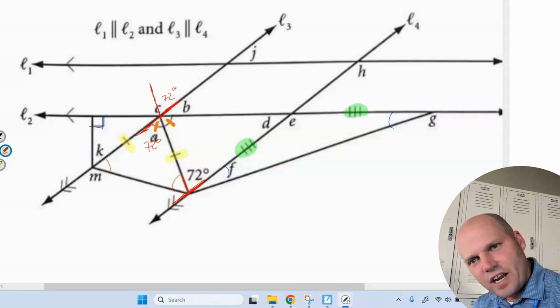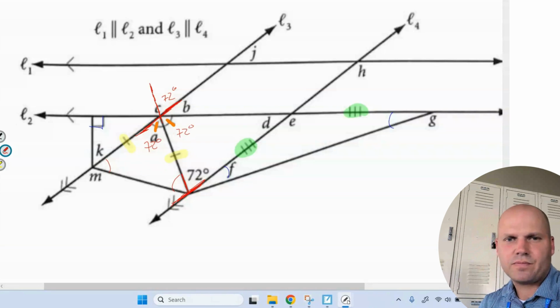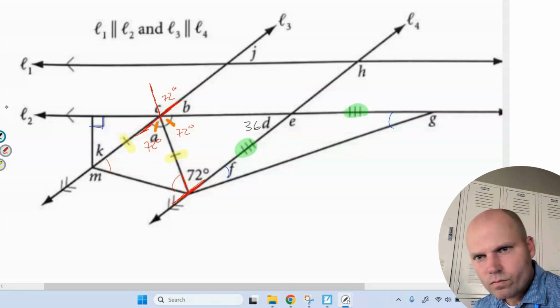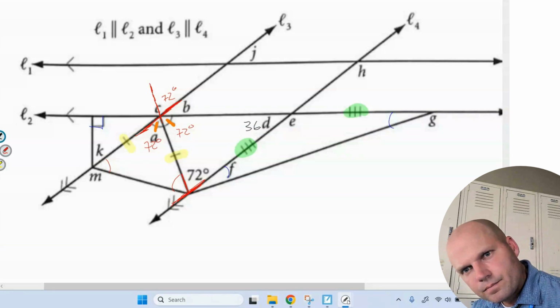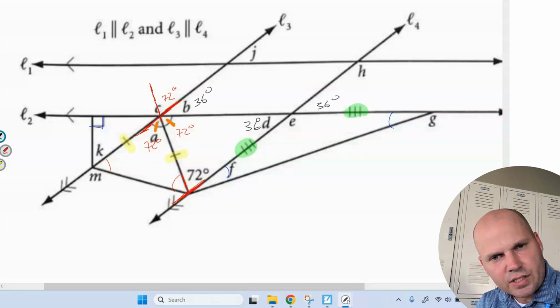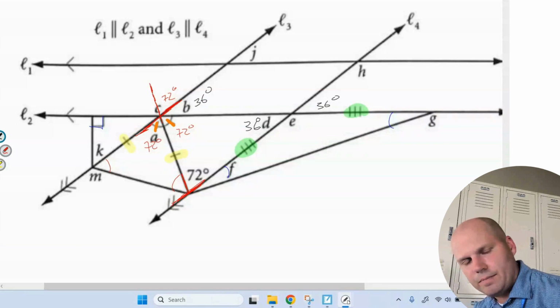They are alternate interior angles or vertical to the corresponding. If that's 72, that's 72. That means this is 144, which means this is 36. If that's 36, this is 36 because they're alternate interior, or you could say this is 36, and that's corresponding if you just look at this picture and copy it.